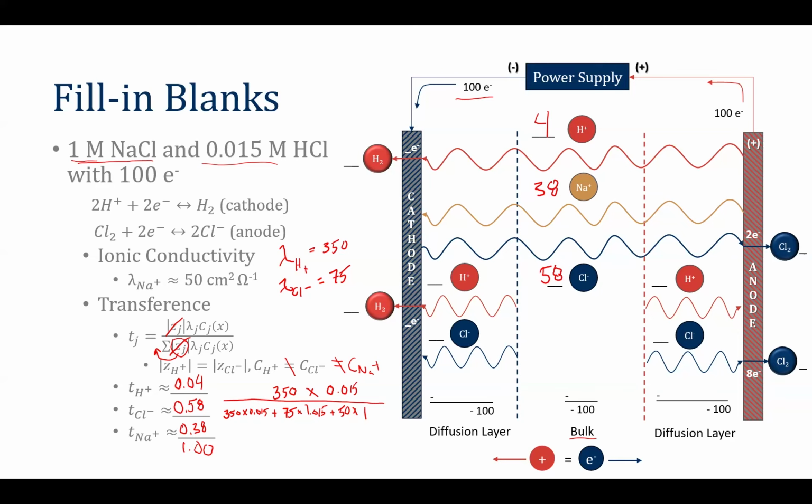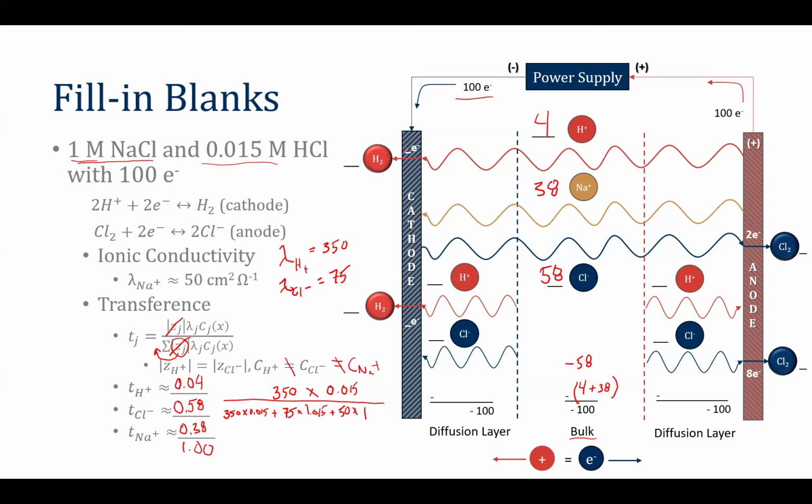So in the bulk, I will have negative 58, since I have a negative charge flowing to the right. And then I'm going to have this 4 plus 38, which is 42. Since it's flowing in the opposite direction to the left, it's as if we're moving 42 negative charges to the right. So I'll take the negative 58 minus 42, which is minus 100.